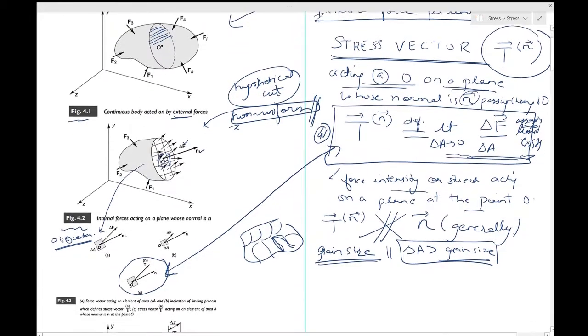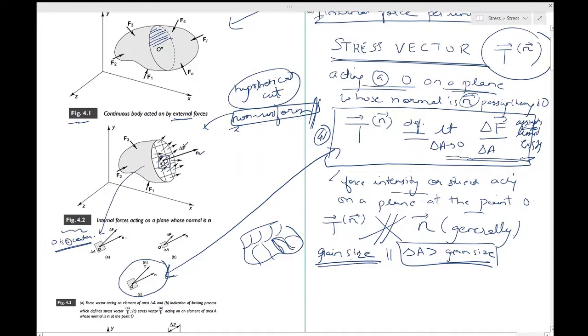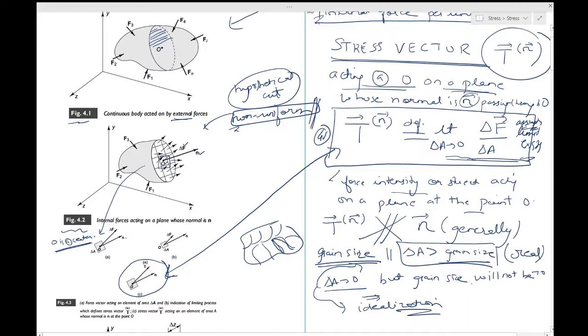Now this is where the idealization comes up. The delta A in your definition is actually tending to 0, but the grain size will not be tending to 0, and hence this will not actually happen in a real material. What you are assuming, that delta A should tend to 0, is your idealization of the situation. It doesn't happen in reality, and this is also part of the continuum hypothesis.